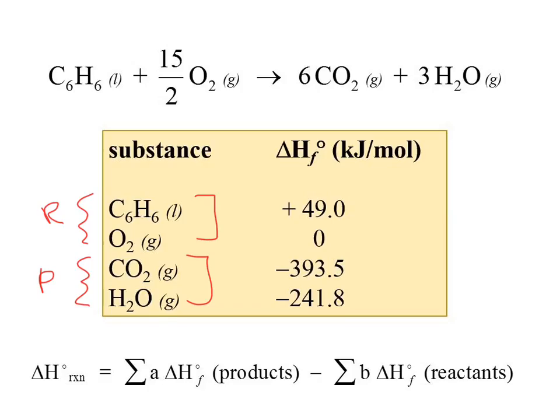My P's and R's kind of look similar, don't they? And it's always the summation of the products minus the summation of the reactants. Products minus reactants. So we're going to use those.